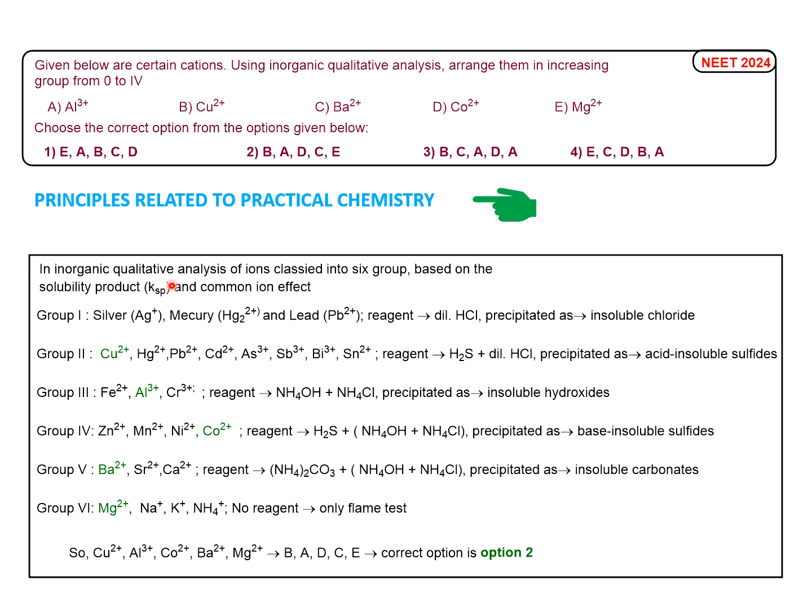In inorganic qualitative analysis, ions are classified into 6 groups based on the solubility product, Ksp, and the common ion effect. Group 1 has silver plus, mercury plus, lead 2 plus.